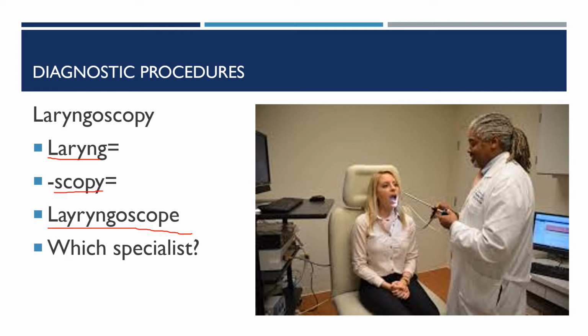So they spray a numbing medication in the throat and then insert this scope back in so that the doctor can take a look around. Done right in the office. Takes only a couple minutes to do this procedure. Now, which specialist would be the one who would perform this procedure?